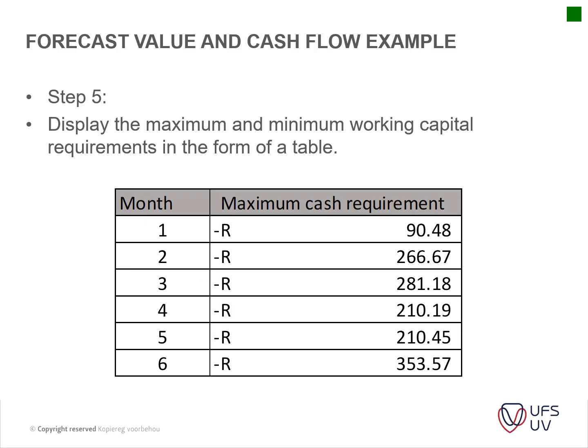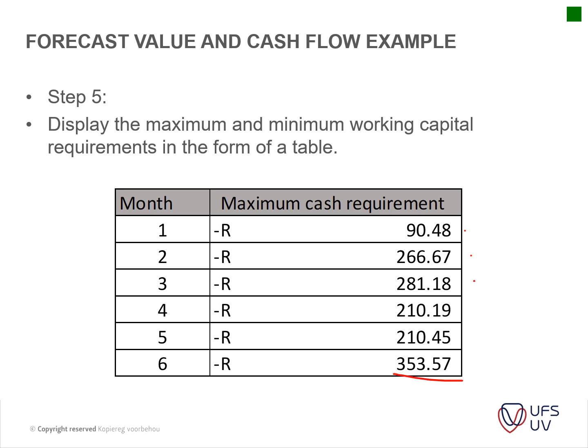Step 5, and this is what you guys will have to be able to do for me, is display the maximum and minimum working capital required in the form of a table. So you have month 1, your cash outflow. I just did the calculation, so there's a couple of zeros that have to be added here. After month 2 it is 260,81,000.